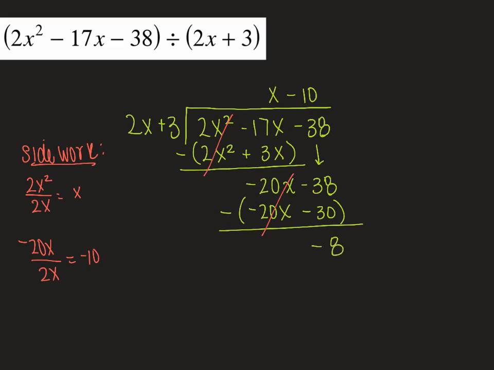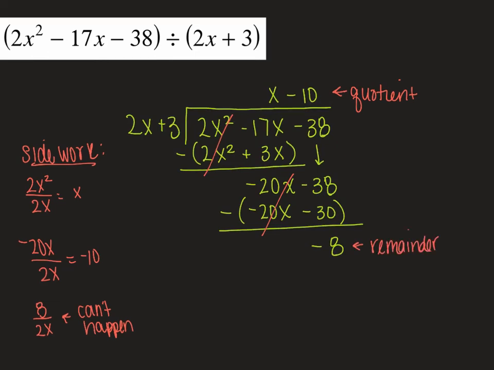So just like with the last few, again, we have a remainder. You're going to see this is pretty common, but we would do 8 divided by 2x, and that just doesn't really work. Okay, so that can't happen. And because that can't happen, that means that minus 8 is our remainder. So we have our quotient, and then we have our remainder.